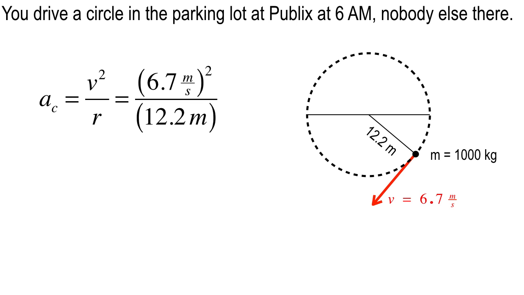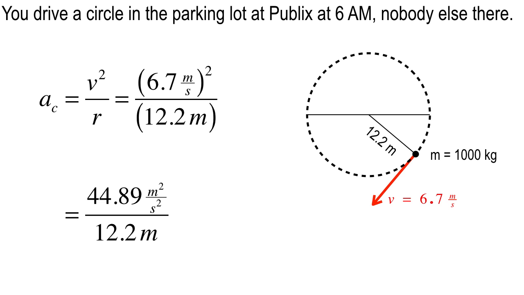Okay, so 6.7 squared. Anybody got that? What do you got? Okay, 44.89. I like it. Here's your quotient. You're a couple steps ahead.